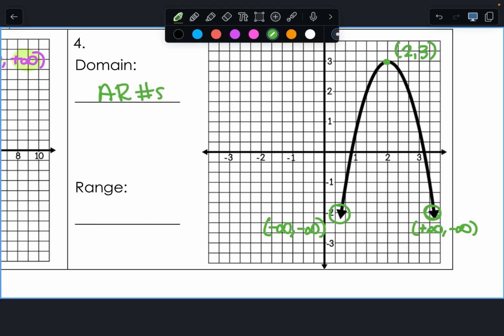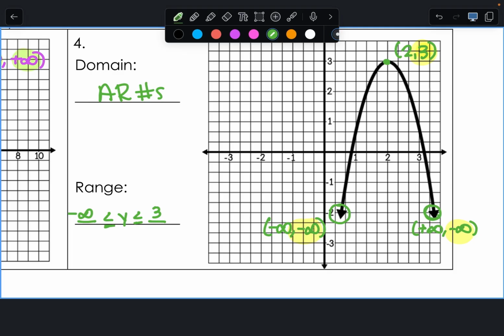Okay? The range is the one you have to think about every single time. Every single time. So let's look at the y values. What's my smallest y value? Negative infinity. This time my smallest y value is negative infinity. What's my highest? Positive... The 3. Oh, psych. Yeah, there's no positive infinity for this y value.